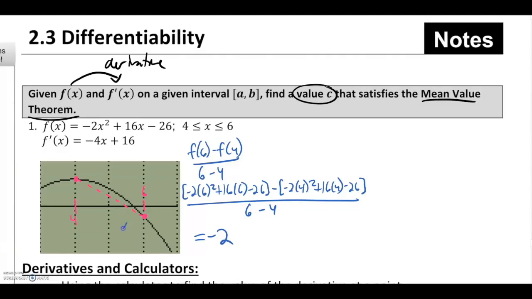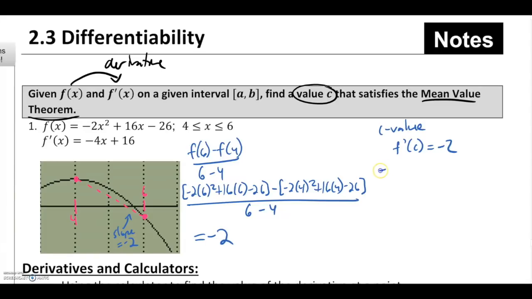And the slope between these 2 points equals negative 2, definitely decreasing, so that value makes some sense to us. What the mean value theorem states is that since this function is differentiable, at some point at that c value we're talking about, f prime of that c value is going to equal negative 2. We're trying to find some point in the middle where that happens.